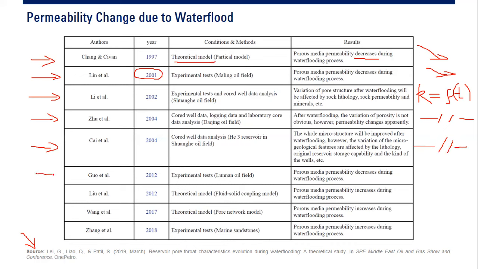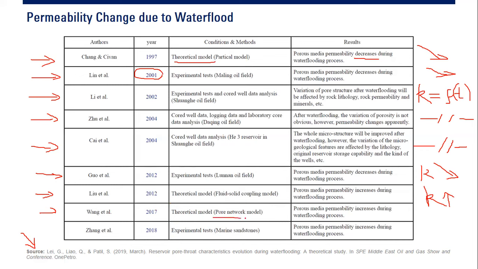Guo et al. 2012, experimental test. Porous media permeability decreases during the water flood. All right. Liu et al. 2012, theoretical model using fluid-solid coupling model. Porous media permeability increases during water flood. So they said that permeability will increase. Wang et al. Porous media permeability increases during water flood.